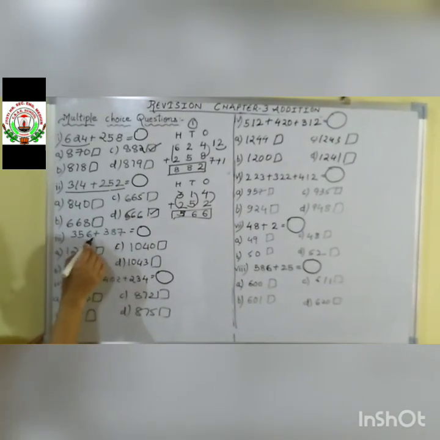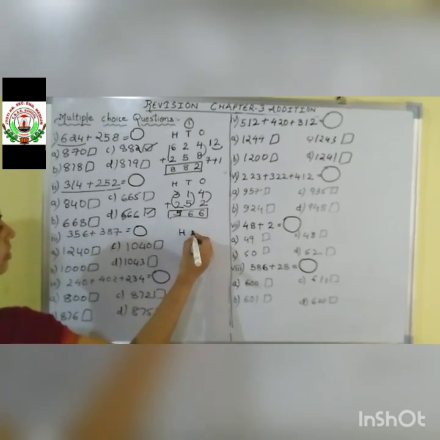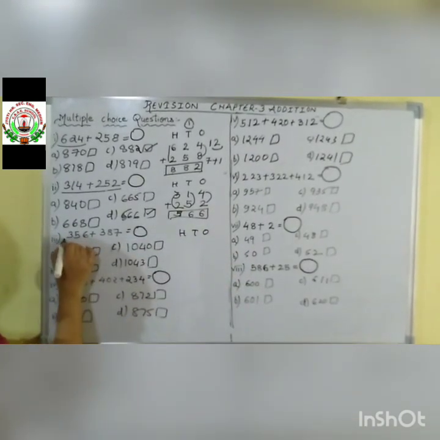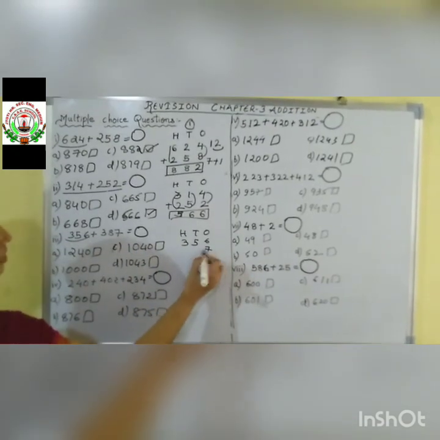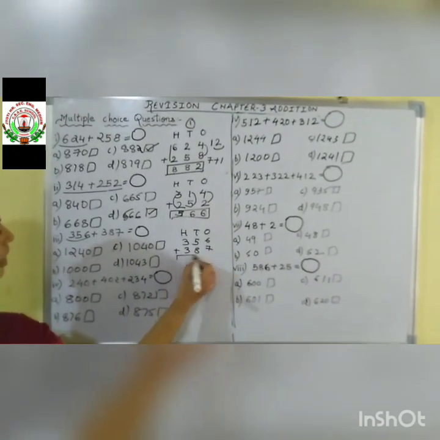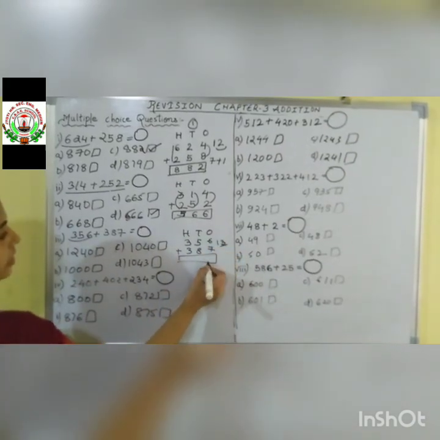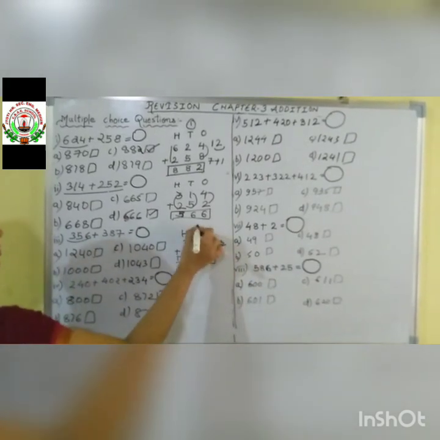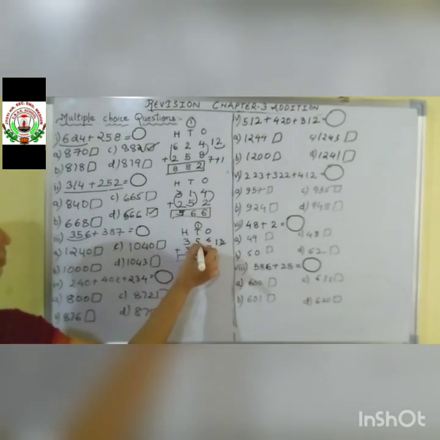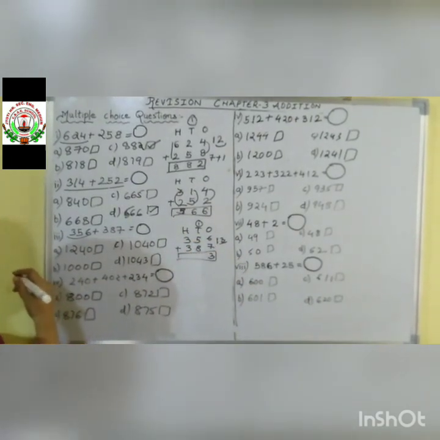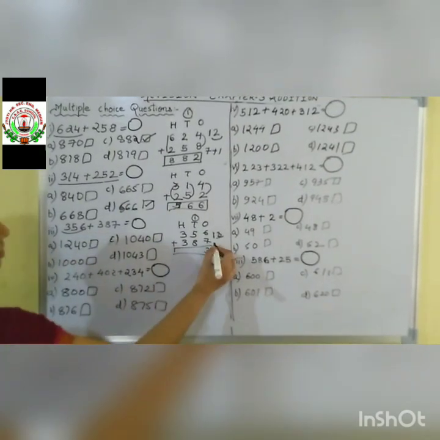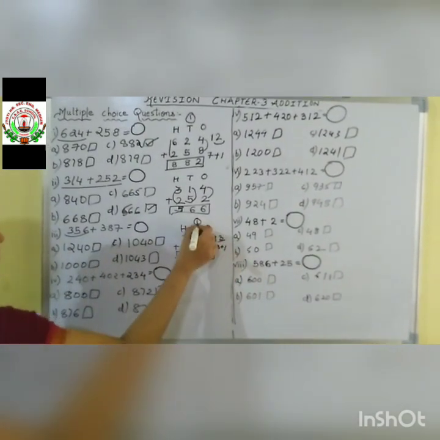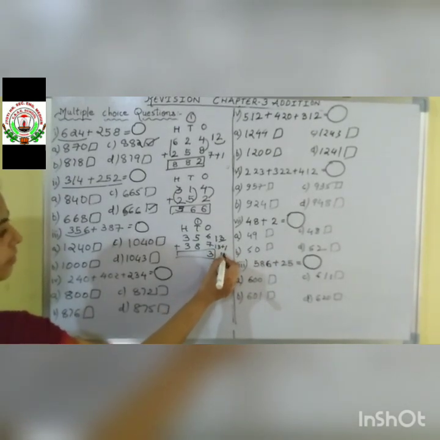Next, 656 plus 387. Like this we have to write, then write 656, then 387. Do the addition, 7 plus 6, 13. 3 will be written down here, 1 will go to the tens place. 5 plus 8, 13. 13 plus 1, this one will be added, 14.